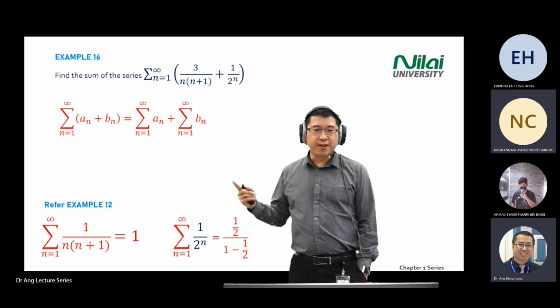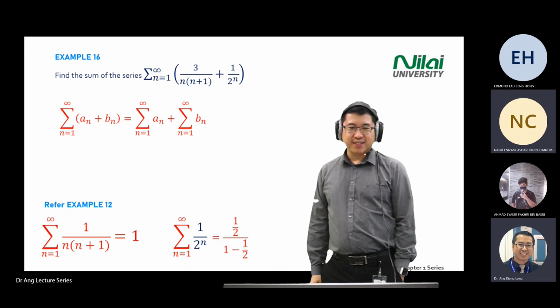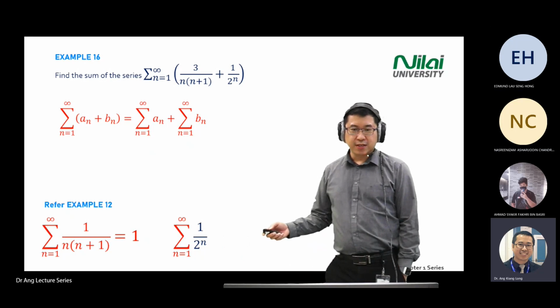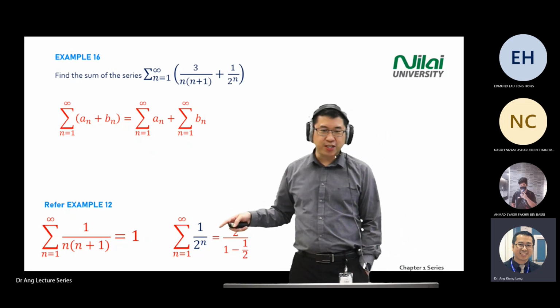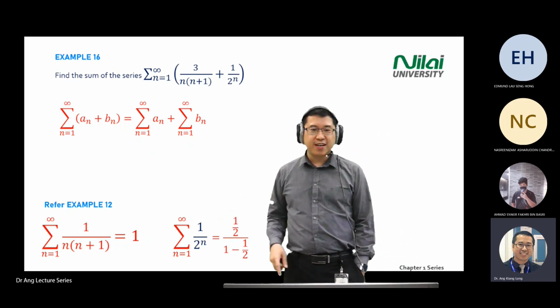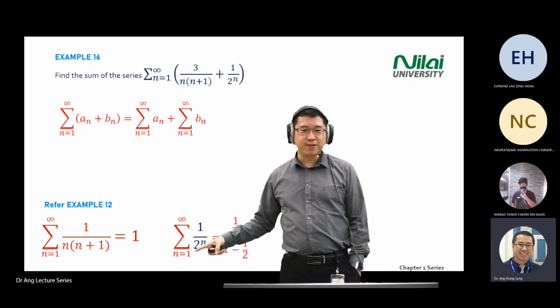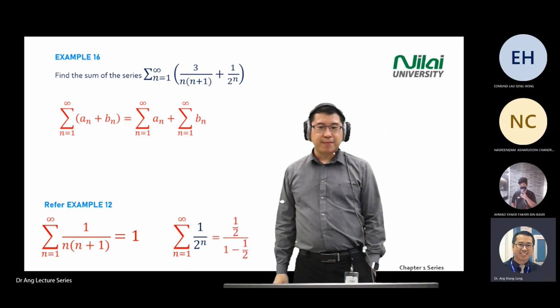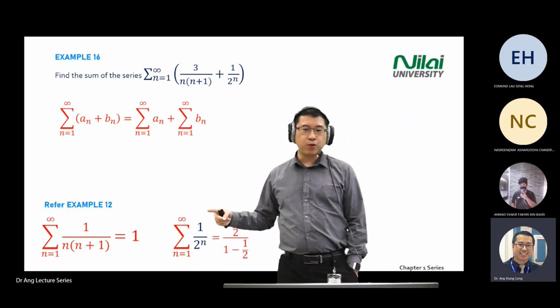How do you get the first number? You always replace n equal 1. If you are given the equation for the series, how do you get the first number? n equal 1. You substitute n equal 1, you get the first number. If you want the second number, n equal 2, so you get 1 over 4.